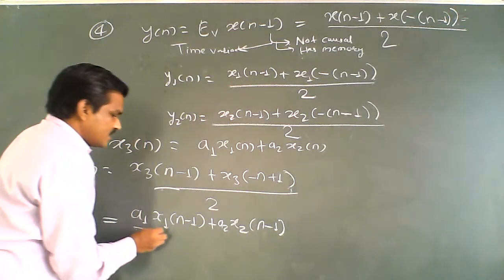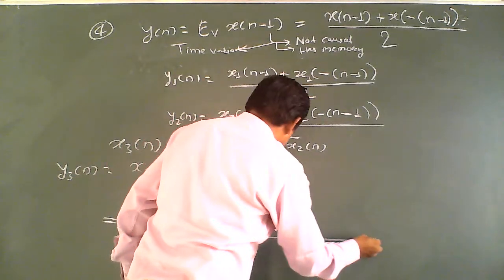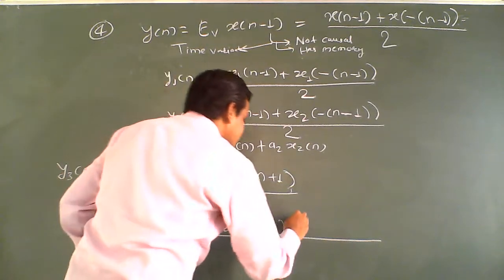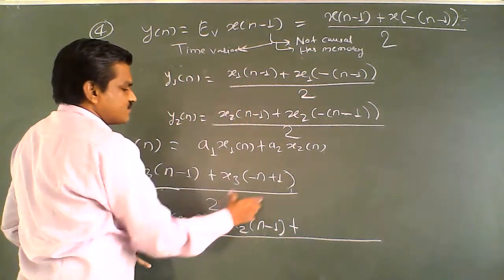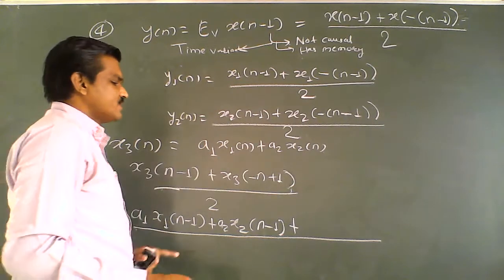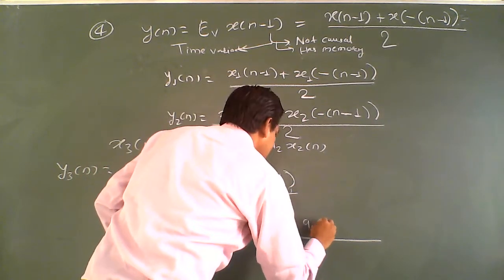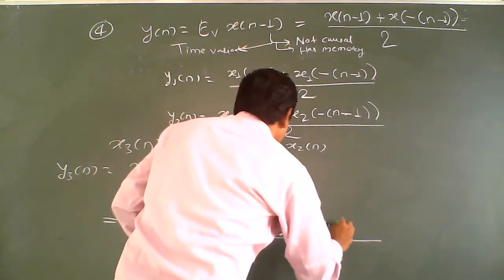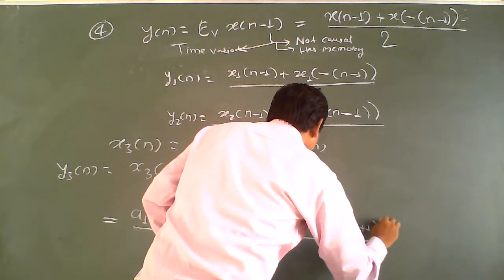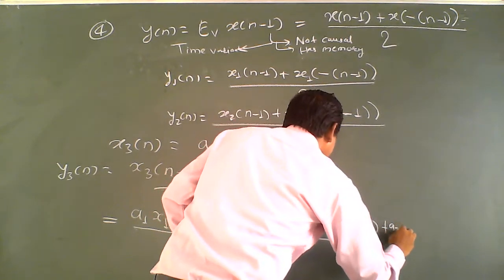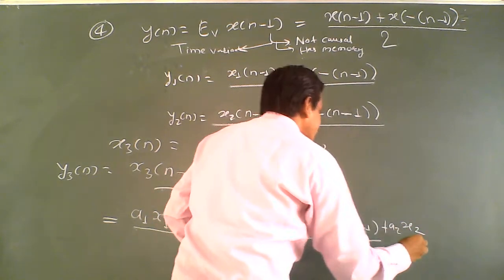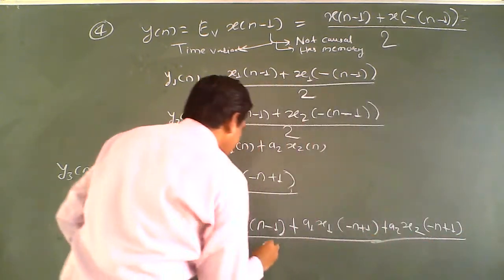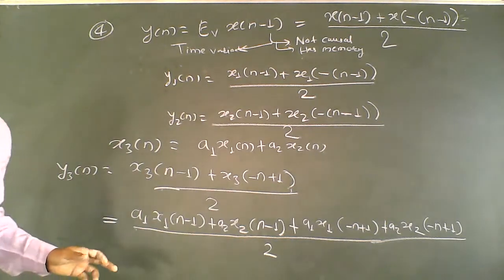Then x3 of minus n plus 1 in terms of a1 x1 and a2 x2: a1 times x1 of minus n plus 1 plus a2 times x2 of minus n plus 1, and this whole divided by 2.